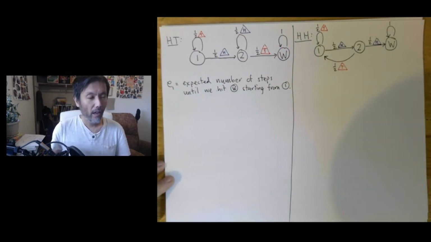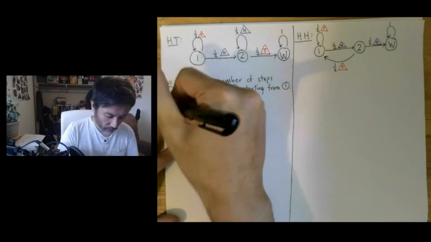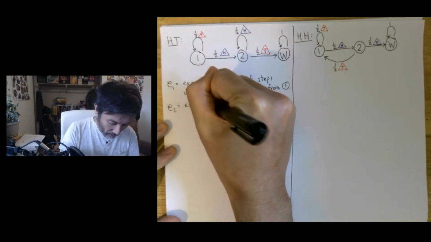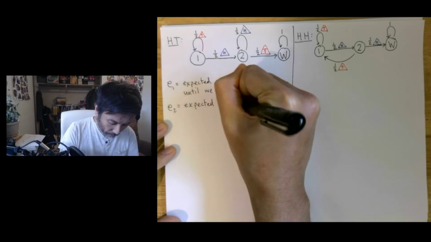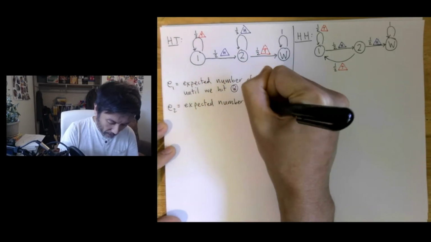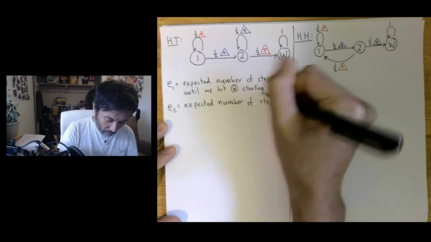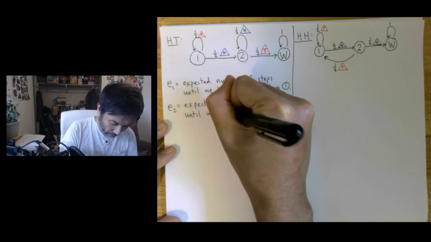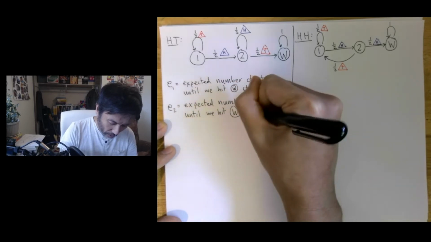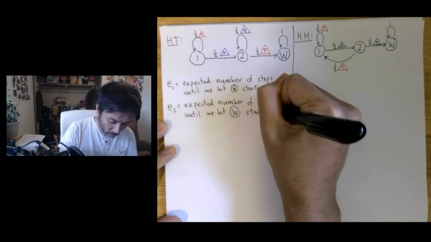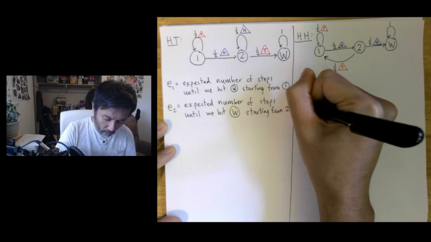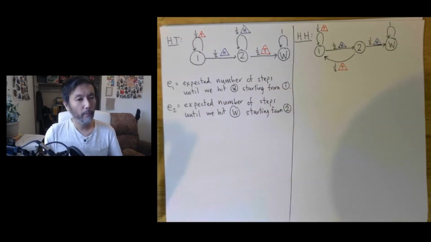All right. And we're going to call E sub 2 the expected number of steps until we hit W again, starting, but instead of from state 1, of course, we're going to start from state 2. All right.